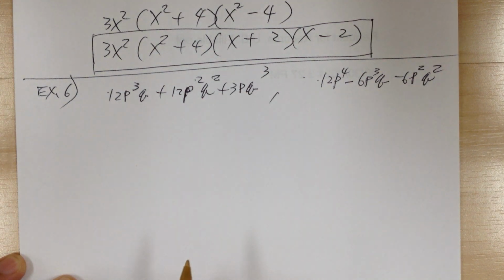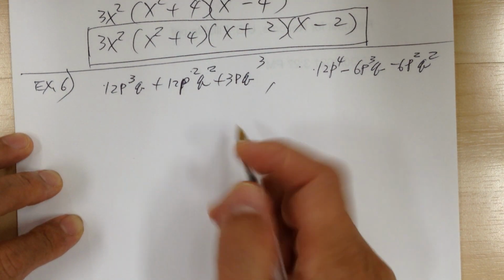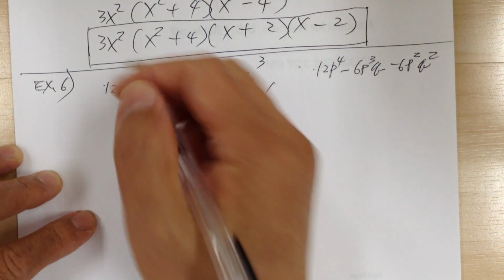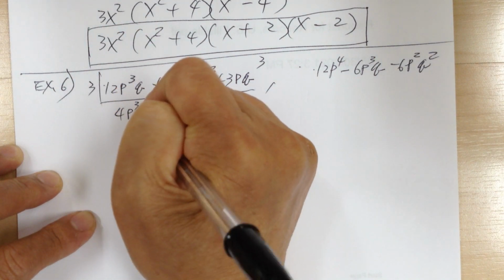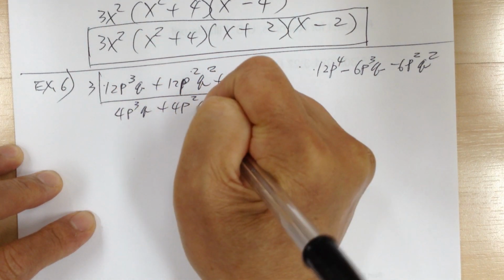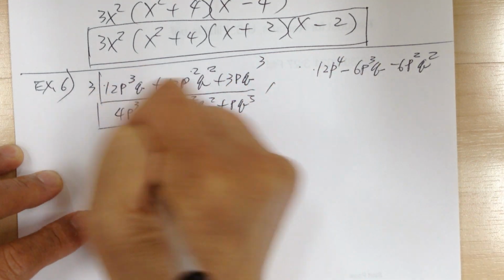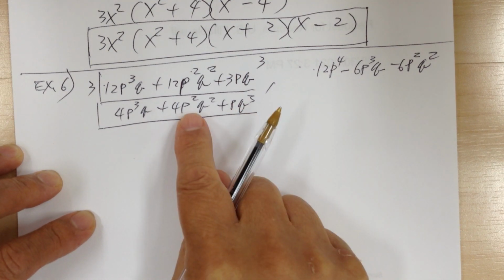Okay, so to find the GCF and LCM, first let's go and factor these. So this 12, 12, and 3, so we can factor the 3. So it'd be 4p^3q + 4p^2q^2 + pq^3. Okay, and after that we can factor the p. So you got p, p^2, p^3.